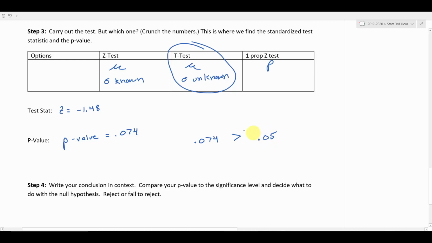Okay, so it just wasn't rare enough. This is not a small enough probability for me to reject the null hypothesis. So I'm going to fail to reject the null hypothesis.